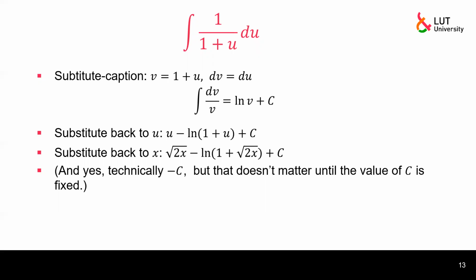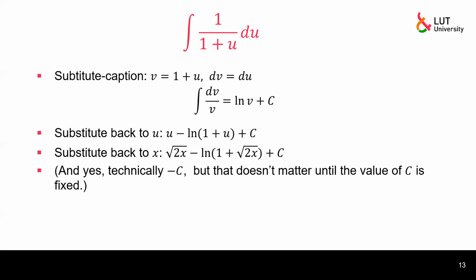So we have another substitution where v is 1 plus u, dv is du. Now we remember that when we have that kind of thing, we get natural logarithms, and we substitute those back.